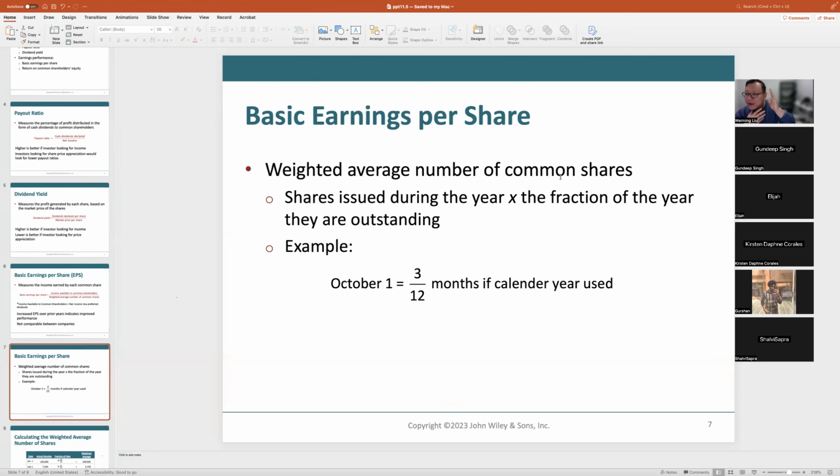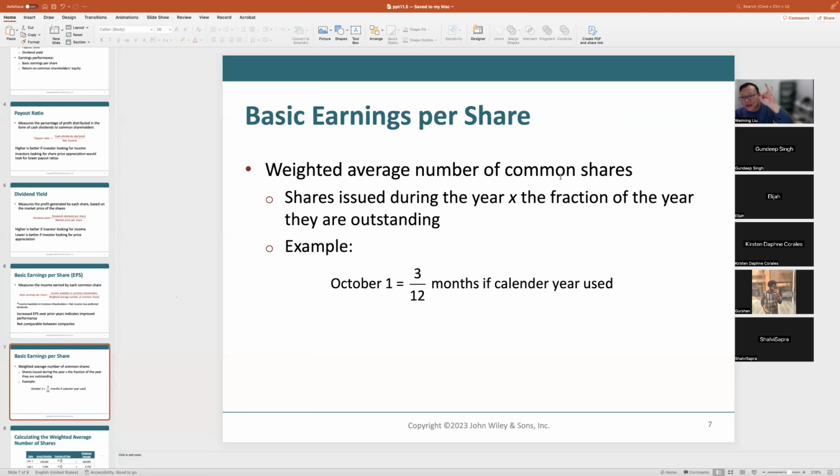In this example, October 1st. So the people start holding these common shares since October 1st. My question for you is, what is that weight? You ask yourself how long that person has held the shares. So October 1st, let me count it. October, November 1st, December 1st, January 1st, which is also December 31st.